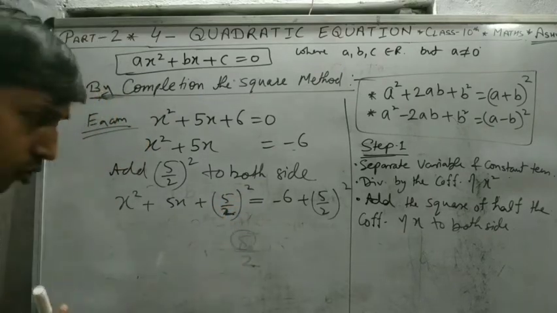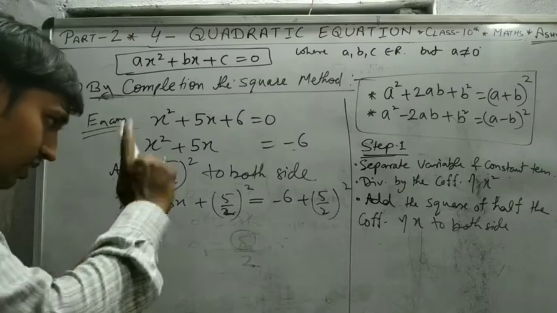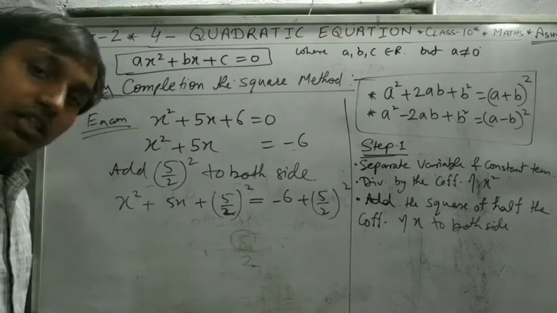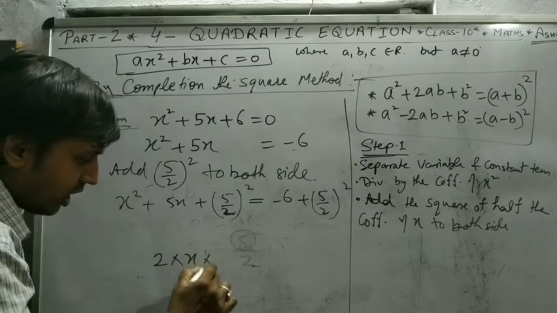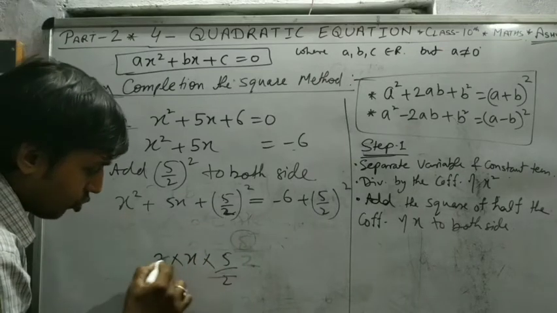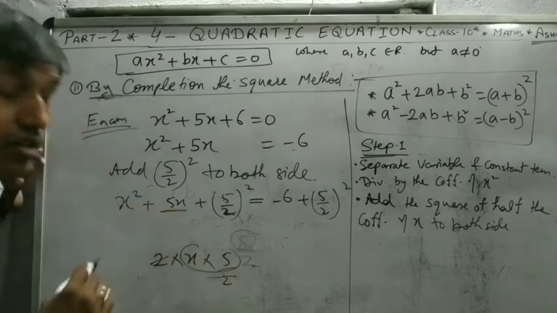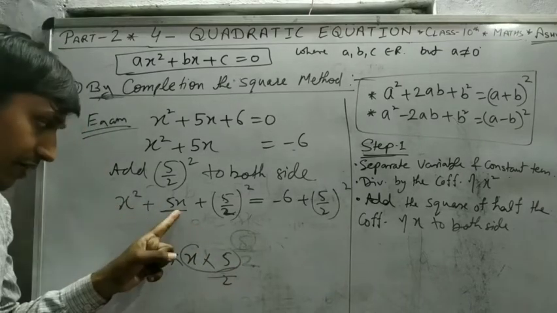This is a square, this is b square, this is 2ab, the 2 cancels, leaving 5x.